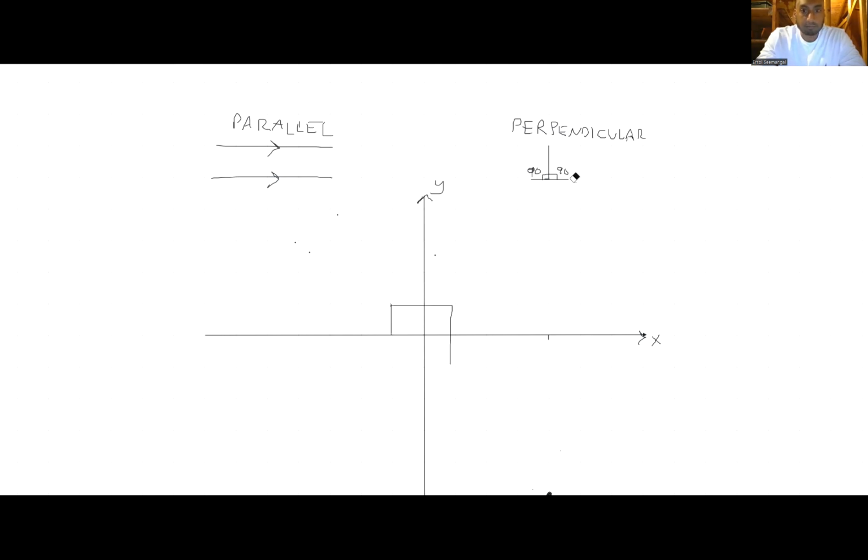Yep, a right angle. Okay, good. Any two lines that intersect each other at 90 degrees are perpendicular. So the x and y axis are perpendicular to each other.